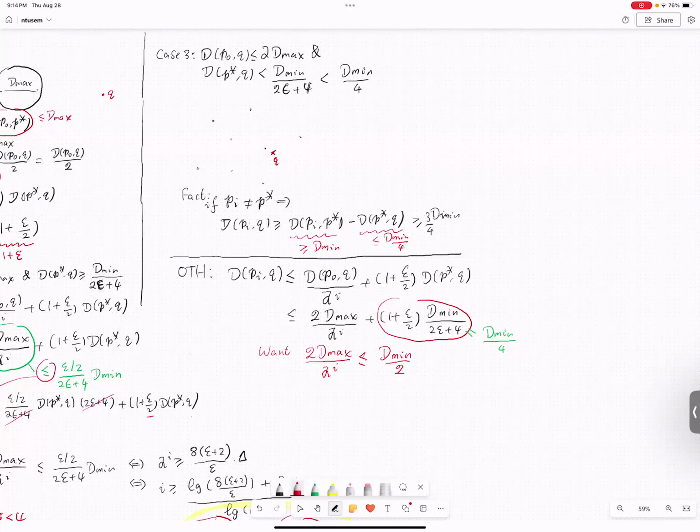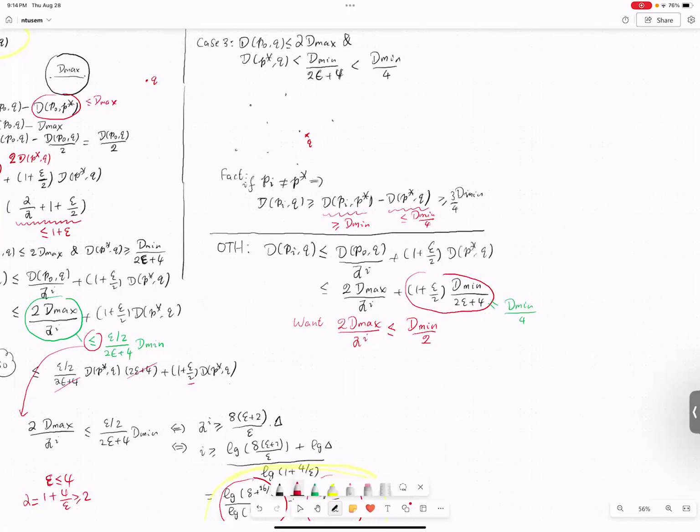Let's say we have already chosen this value of i so that this happens. Then we'll come back to analyze how large this value of i really needs to be. If so, we can continue from above by saying this is d min over 2 plus d min over 4, which gives us 3 over 4 times d min.